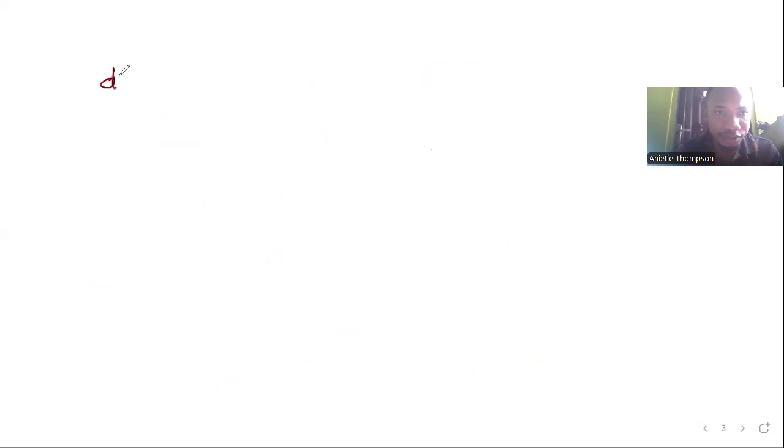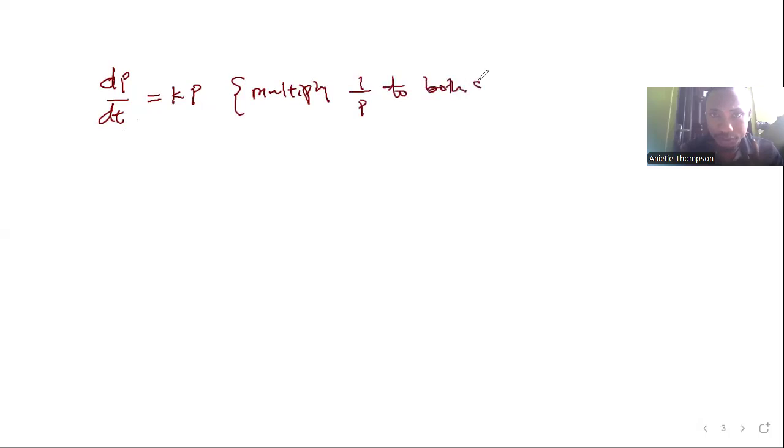If we have dp over dt equals kp, I'm going to use the separation technique of differential equations. So I'm going to multiply 1 over p to both sides of the equation.